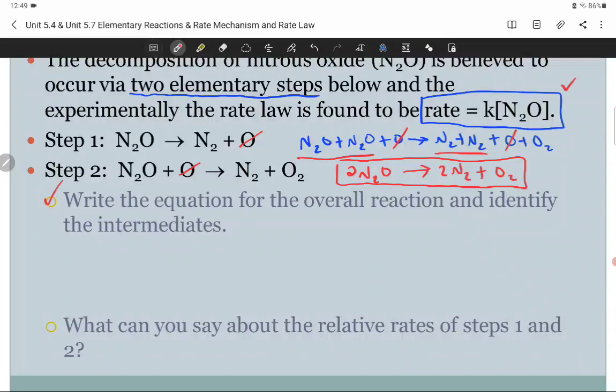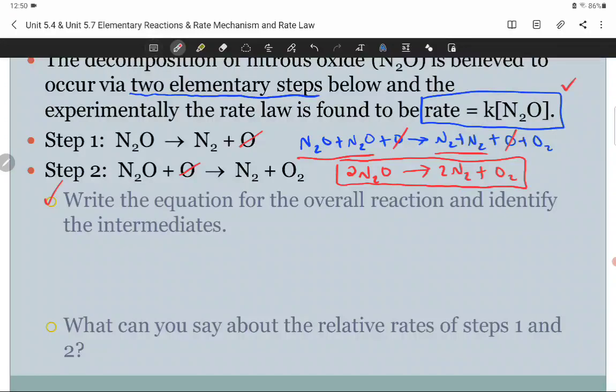And I had mentioned in an earlier unit that the coefficients in the balanced chemical equation do not match up with the order of reaction. But today, in the elementary steps, the slowest elementary step matches up with the chemicals and the coefficients in the rate law.